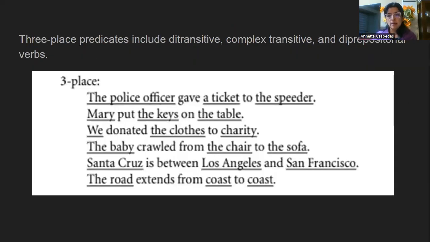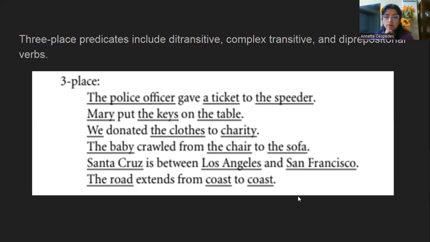Now let's see the three-place predicates. This one includes the transitive, complex transitive, and the prepositional verbs. Let's see the following examples. The police officer gave a ticket to the speeder. Mary put the kids on the table. We donate the clothes to charity.